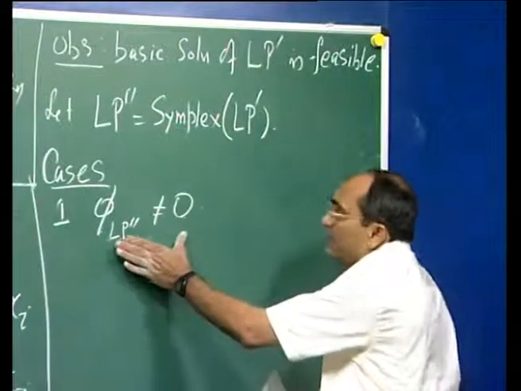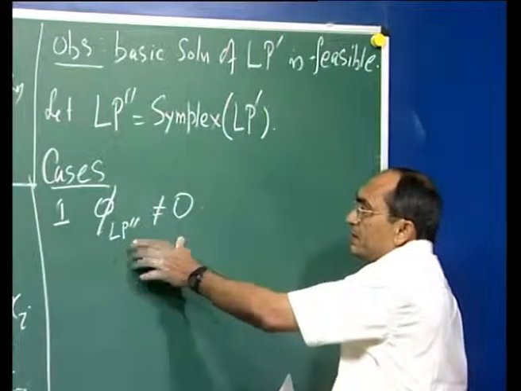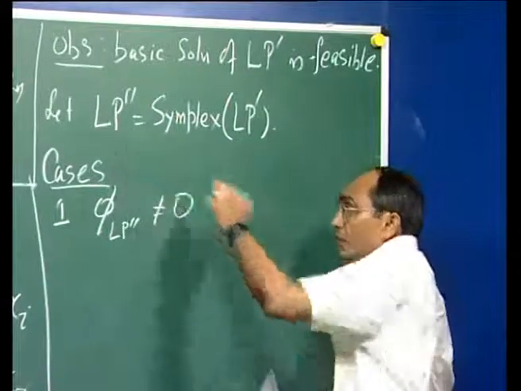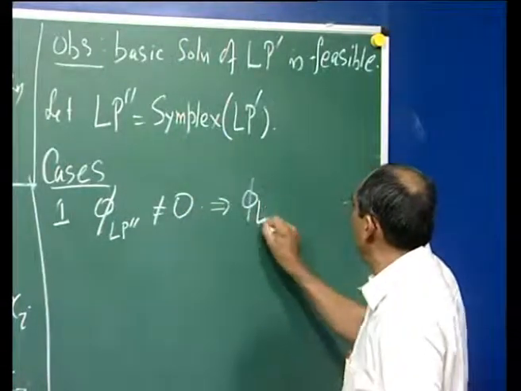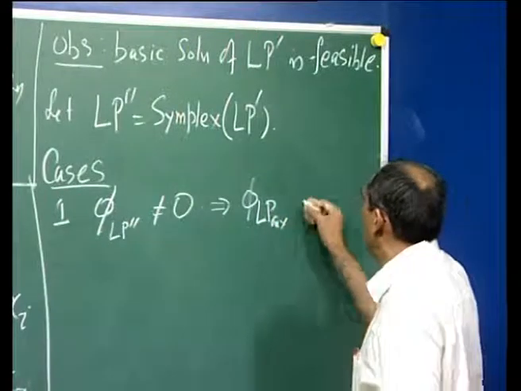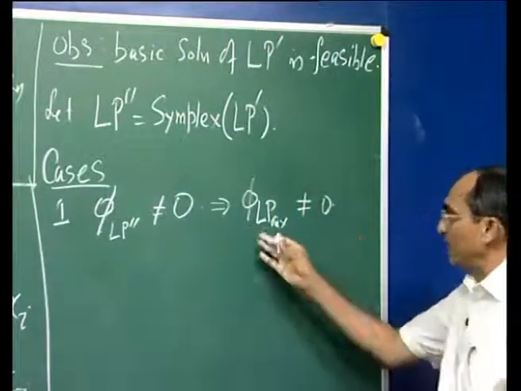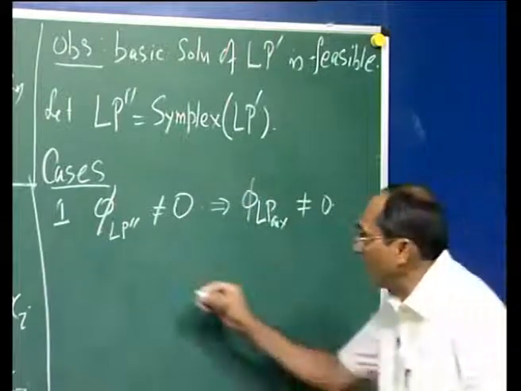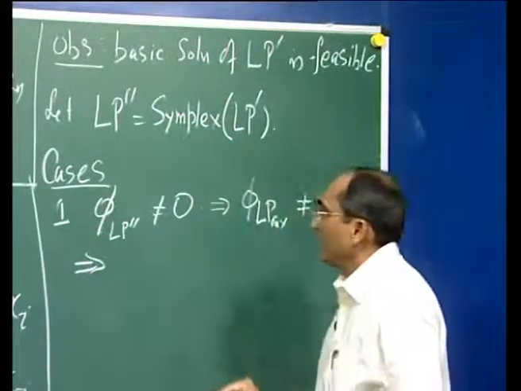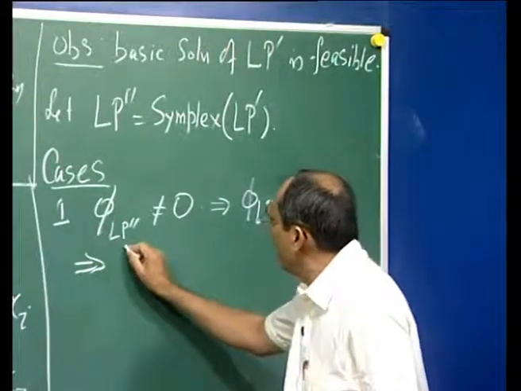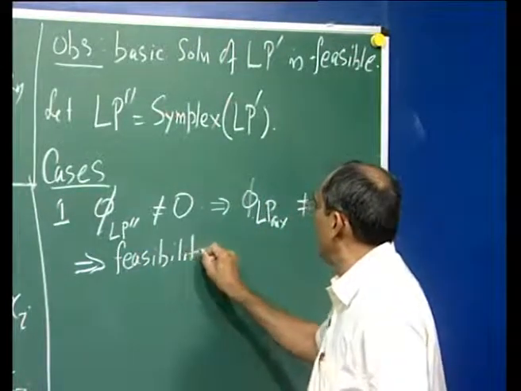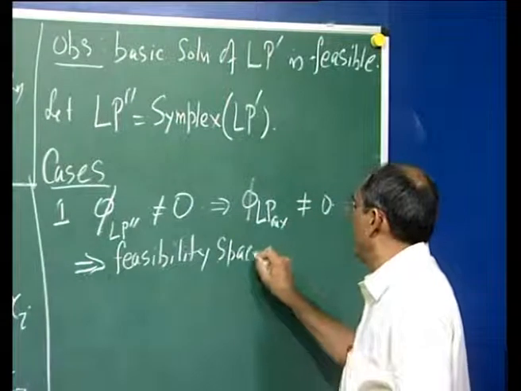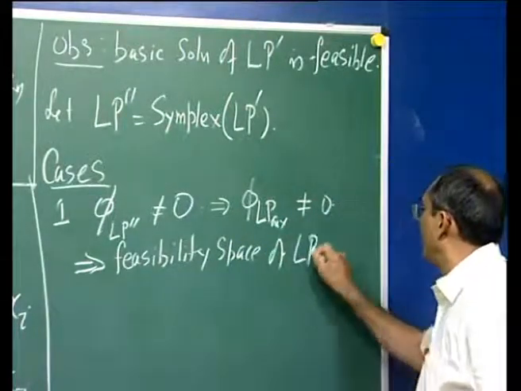If we find that the object function has non-zero value in LP double prime, this implies phi value of LP auxiliary is not 0 because they are same programs, which implies that feasibility space of LP is empty.